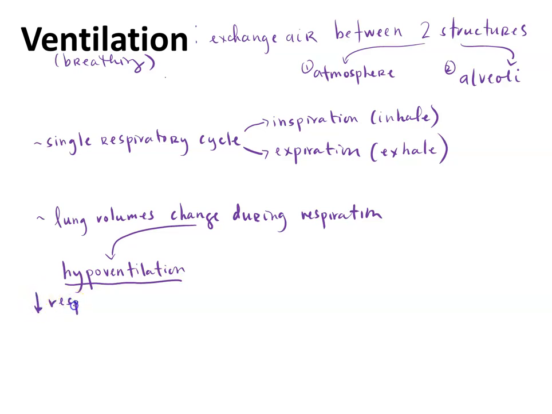Low respiratory rate. Now ask yourself, what does that mean? If the respiratory rate is low, I'm breathing maybe slowly or shallowly, right? Shallow. Okay. Now, if I have a low respiratory rate, then what's going to happen is CO2 can build up.